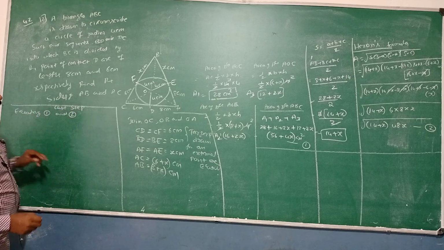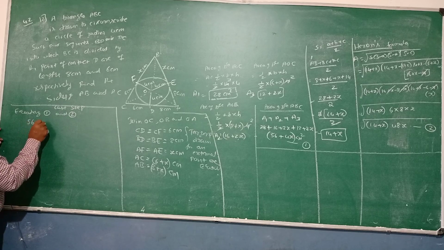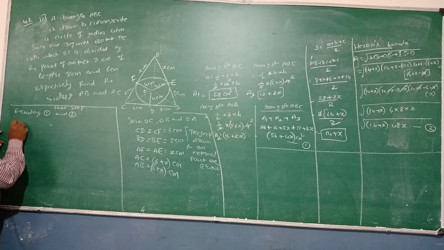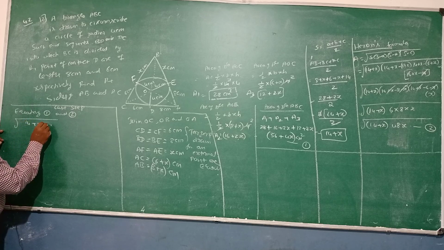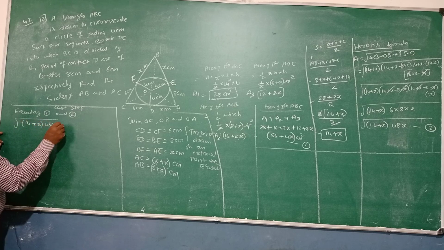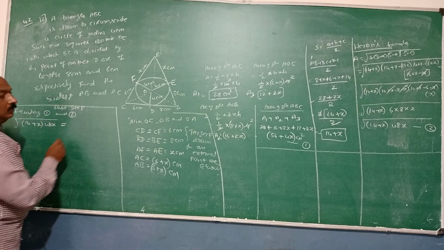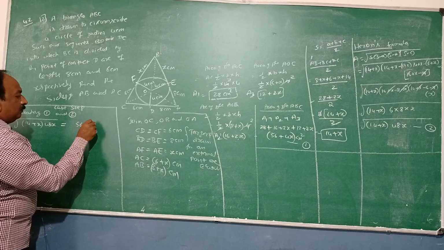What is 1? 56 plus 4x. Under the root of 14 plus x into 48x is equal to 56 plus 4x.